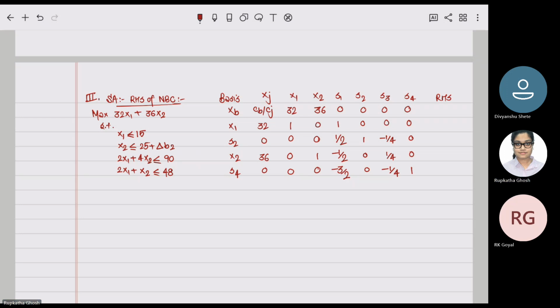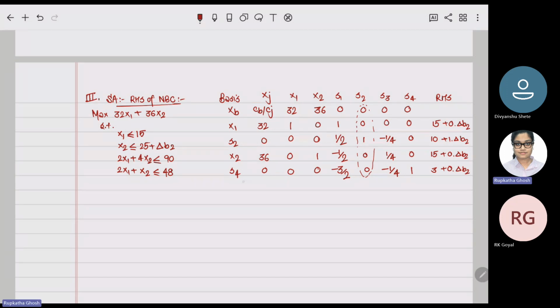Now you have in the right hand side, this corresponds to S2. So initially in your right hand side, you had 15, 10, 15, 3. Now this becomes 15 plus 0 into delta B2, 10 plus 1 into delta B2, plus 0 into delta B2, plus 0 into delta B2.